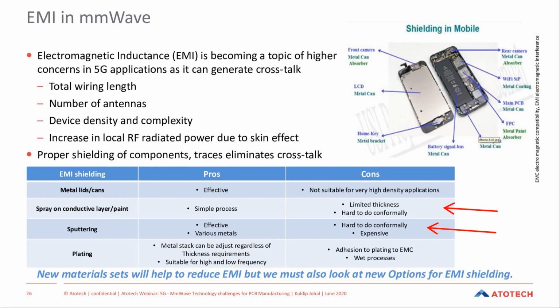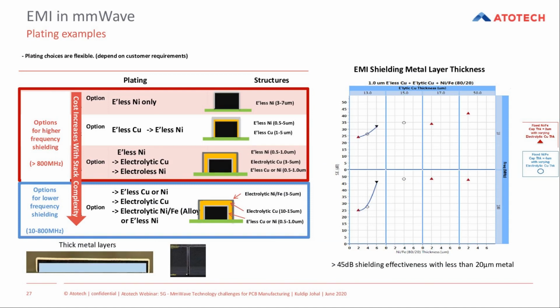When you plate a stack, you can make the thicknesses considerably thicker than you can effectively and economically do with sputtering or a spray type of paint. And in the next slide, we will discuss some of the stacks that we have discussed.